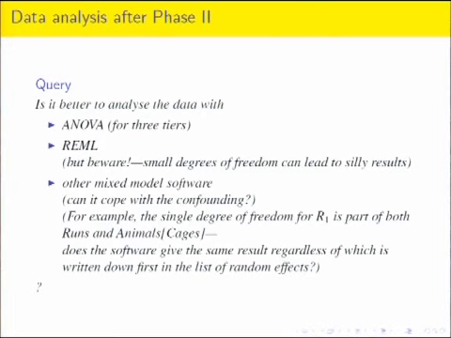In the particular example, there was a single degree of freedom for this pseudo factor R1, so you know that comes from runs. But we also made it to be confounded with animals within cages. So when you look at that in the table, you get a variance term from runs, and you get a variance term from animals.